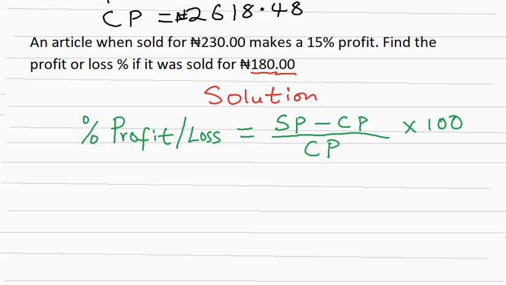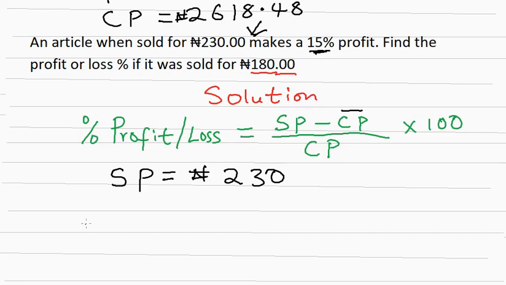But in this case now, something is actually missing. We already know that according to the question, the selling price, SP, has been given as 180, but we don't know the cost price. So how can we get to know the cost price? We'll use the very first expression. So we'll use this percentage to get the cost price.